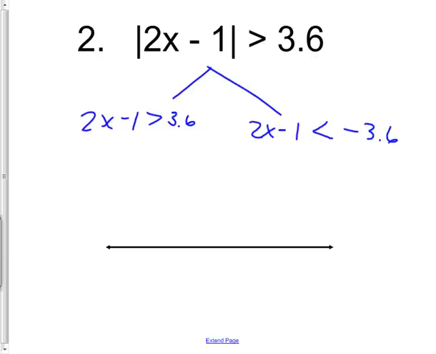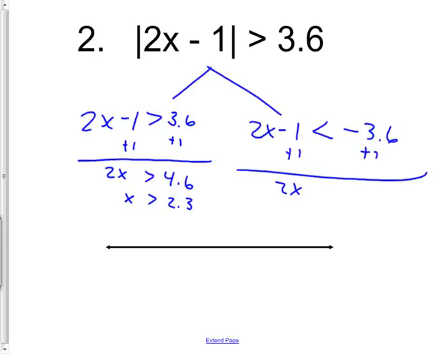You'll get 2 numbers. Did you get negative 1.3 and positive 2.3? Raise your hand if you did. Good. If you didn't, then you messed up something, so look at the board and see what you messed up.